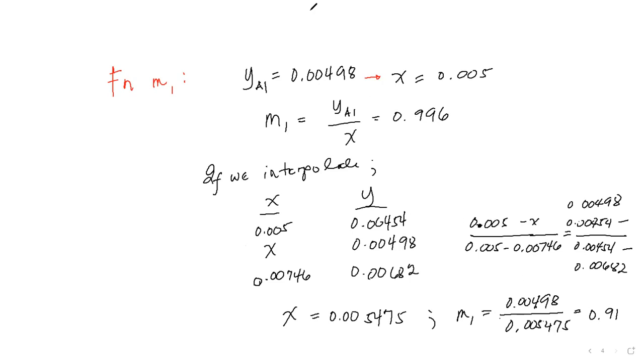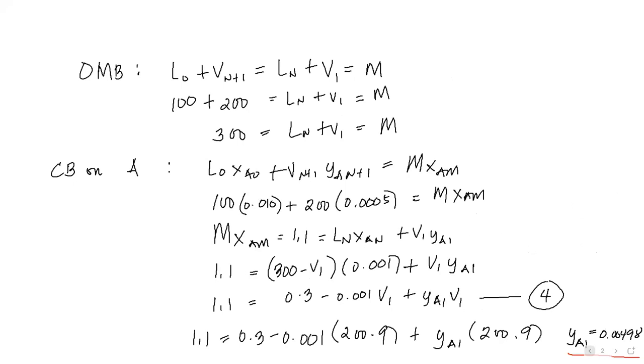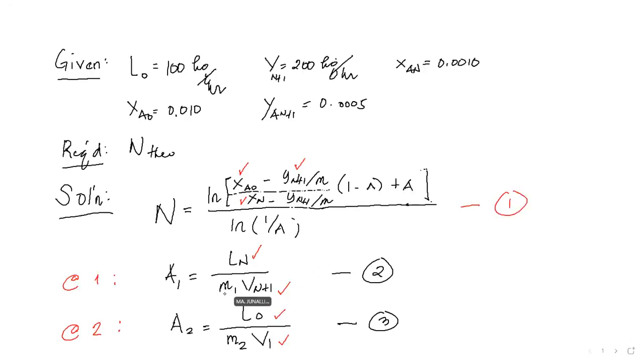So I will use a different one here. We will use the 0.91 slope. This 0.91 that we have here will be the slope that we will be using in here. So this would be the M1 that we'll be using, the YA1 that we got will be used.